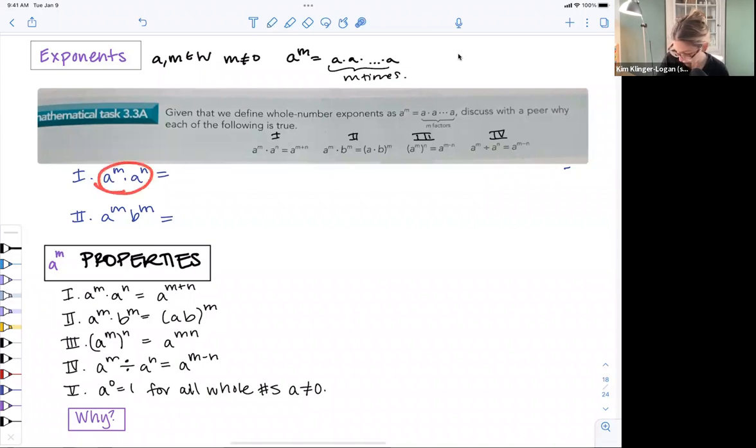So here, I would think about what the definition of A to the M and A to the N means. This means A times A times A, M times. And then, of course, this means A times A times A, N times.